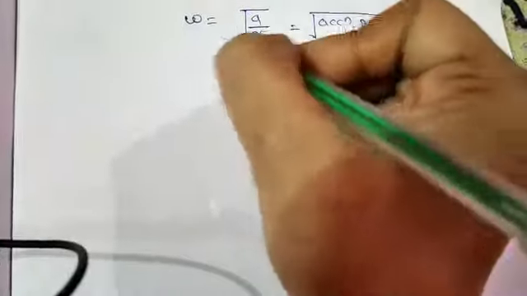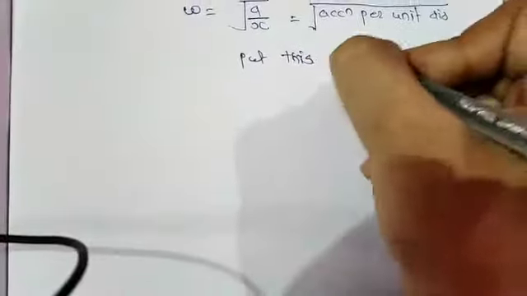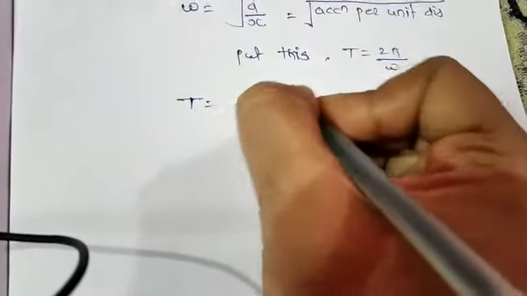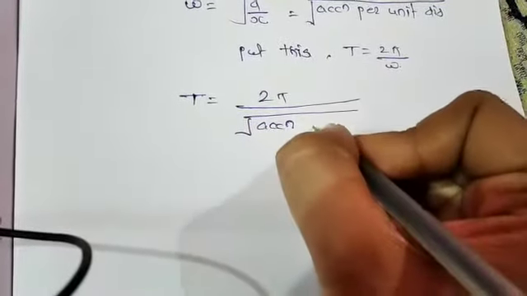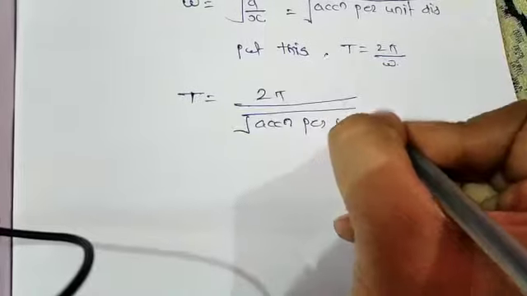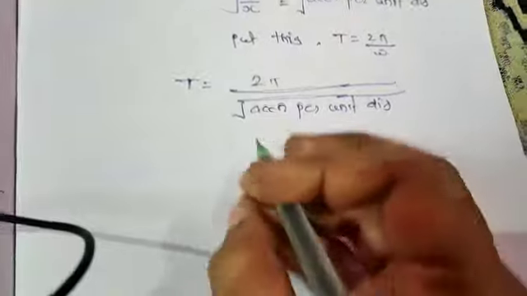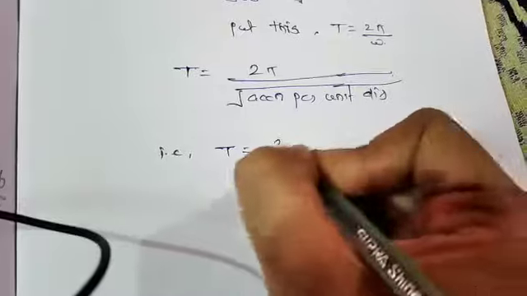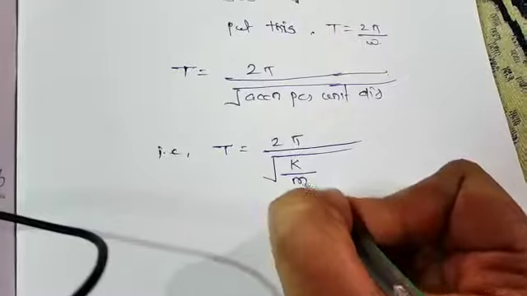Now put this in the equation of period, T is equal to 2π/ω. If we put this value here, then the period is equal to 2π by root of acceleration per unit displacement. So we can write T is equal to 2π divided by root of k by m.